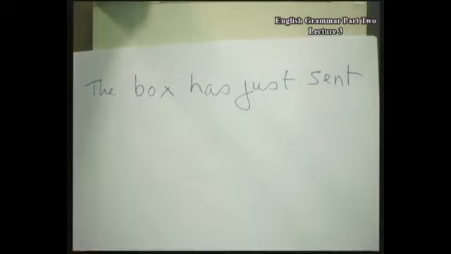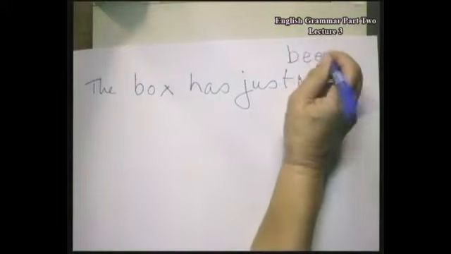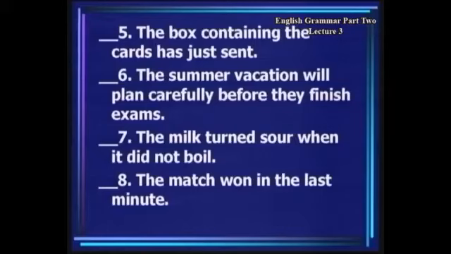This is my subject. The box has just, I don't have a verb to be. It must be has just been sent. What is the meaning? Let's look at the meaning. The box has just been sent, because the box cannot be the doer of sending. The package or the box doesn't send, it is sent.